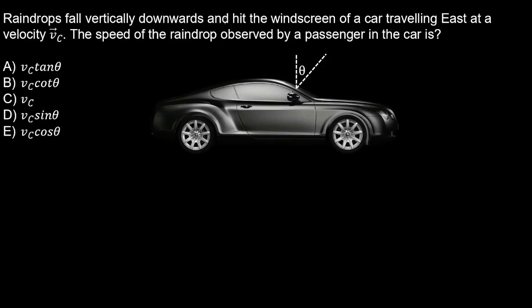Raindrops fall vertically downwards and hit the windscreen of a car that's travelling east at a velocity vc, and the speed of the raindrop observed by a passenger in the car is one of these answers.